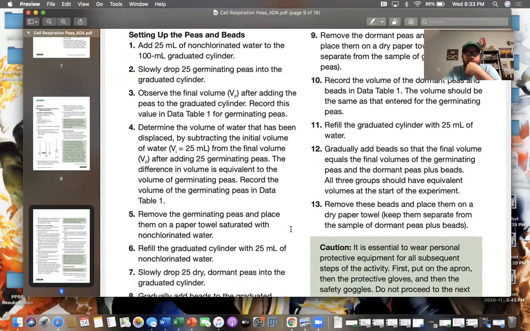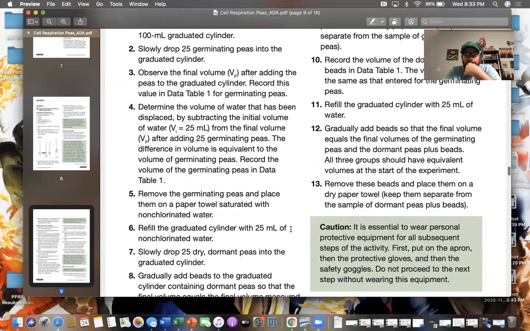Okay, so remove the germinating peas and place them on a paper towel saturated with non-chlorinated water. Okay. So grabbing these back. I need to get the peas out of here. So what I'm going to do is I'm just going to dump the water into my water bath, then dump the peas back onto the paper towel.